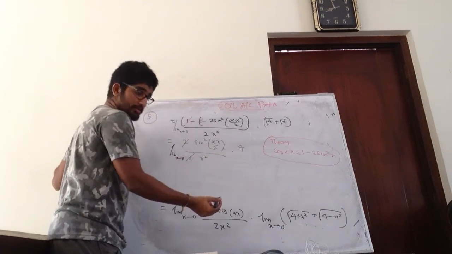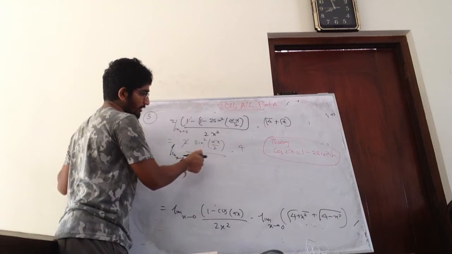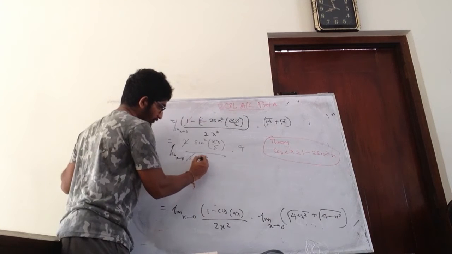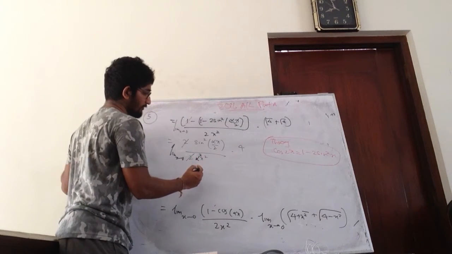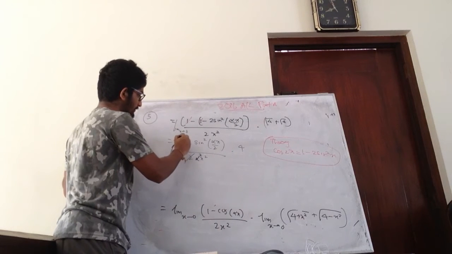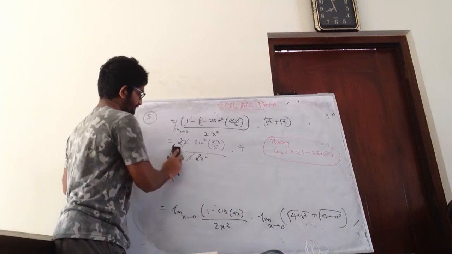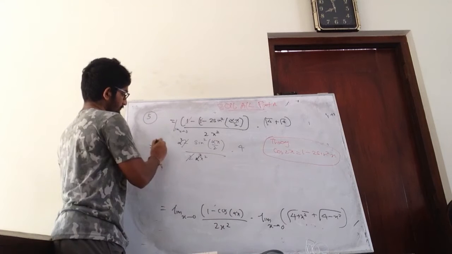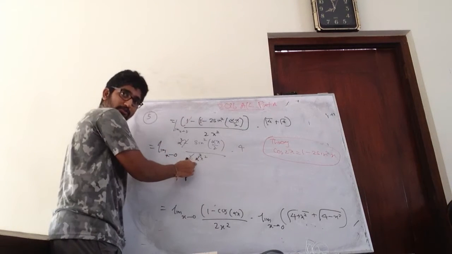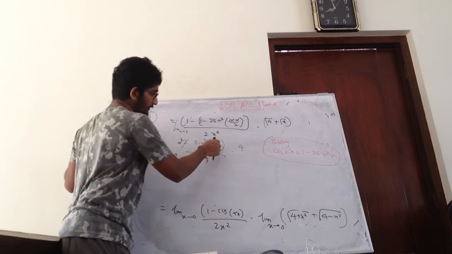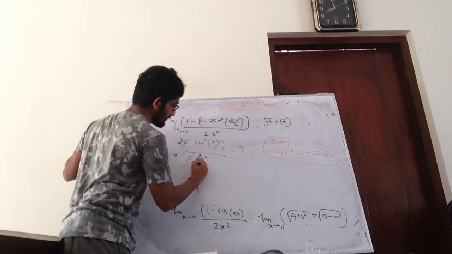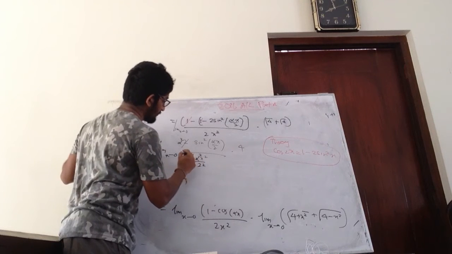What I'm going to do is make this part like this. I'm going to put an alpha square here. Since I put alpha square here, I will put alpha square here as well. Then since I want to have a 2 squared here, I will put a 2 squared here.